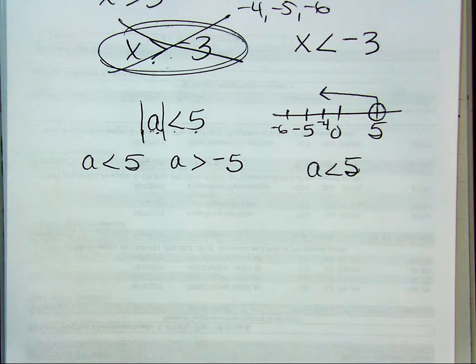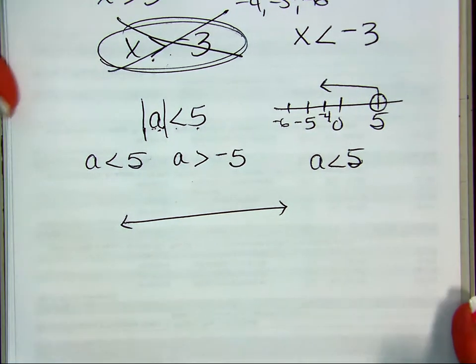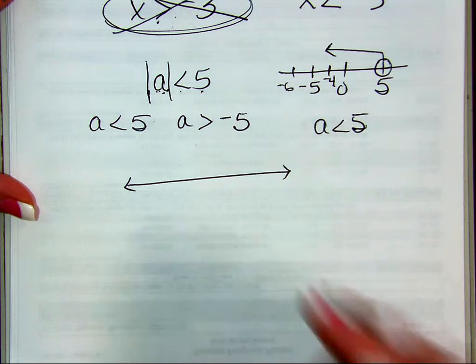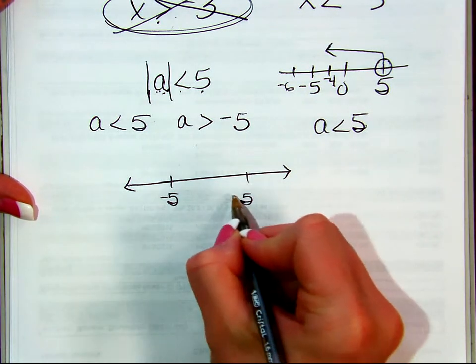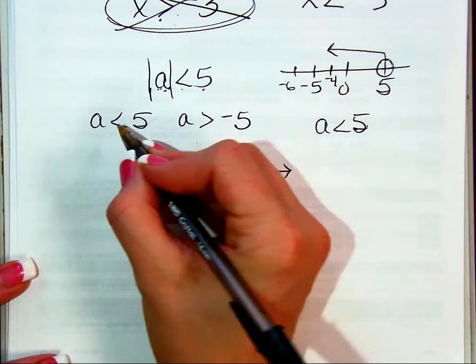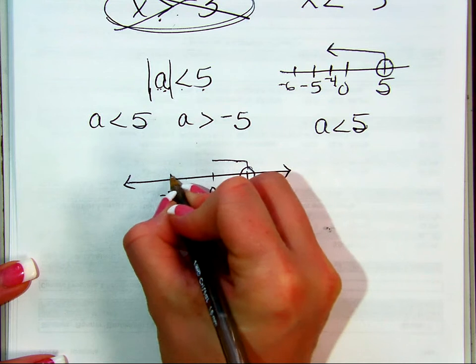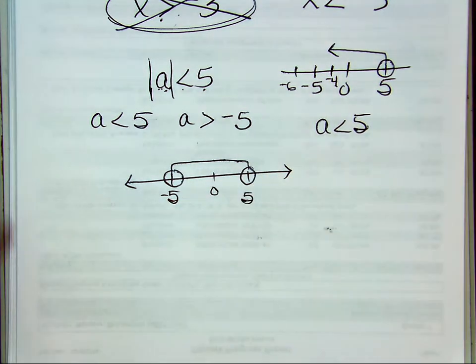So one thing that you have to do when it becomes inequalities is graph them. And you just took a little quiz yesterday on graphing, right? So if this is -5 and this is 5. You got to watch me here because it's something new. A is less than 5, but it has to be greater than negative 5.